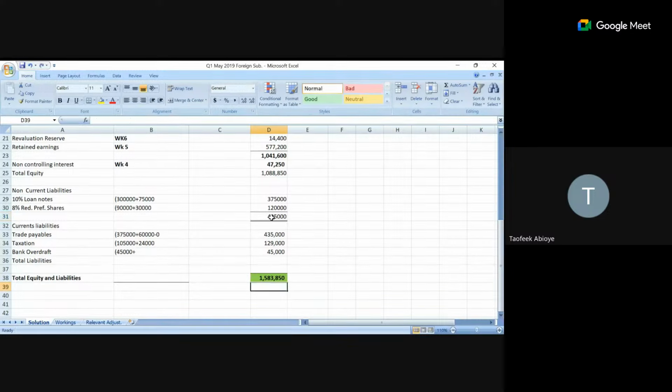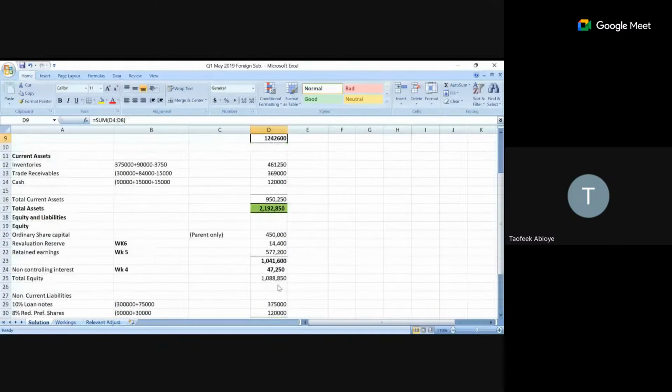So this formula, let me change the formula. This plus this plus this, total liability. So I need total liability here. So 2,192,850. So our account is balanced.